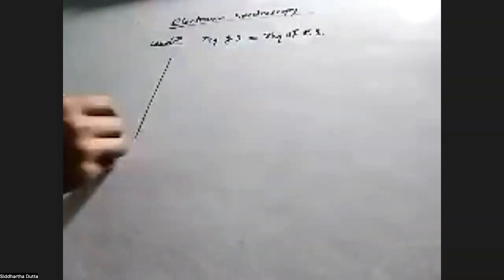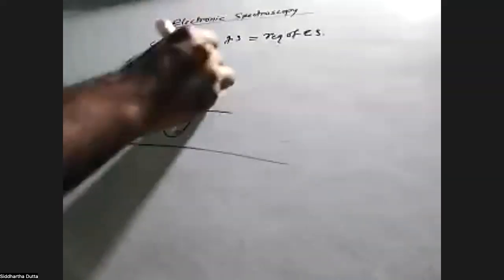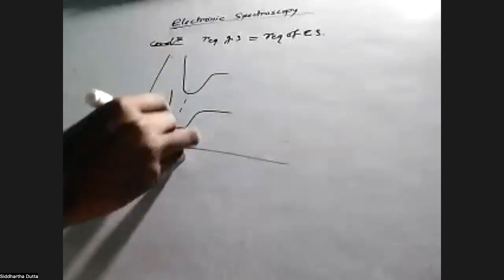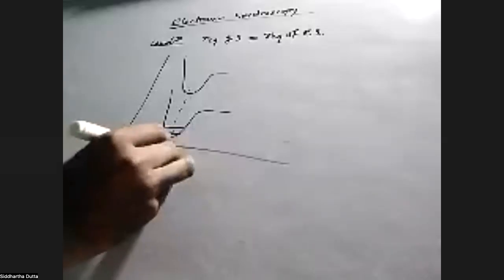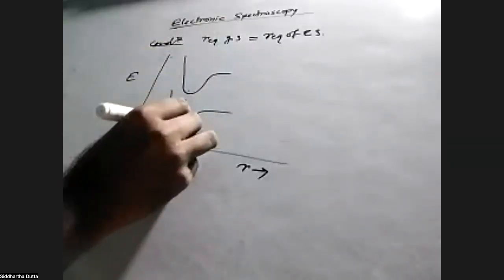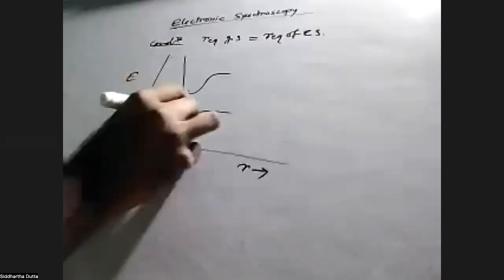In this case, these two states will be exactly at the right, like this. This is R equilibrium, this is energy, and this is internuclear distance. So V equals 0, 1, and so on.